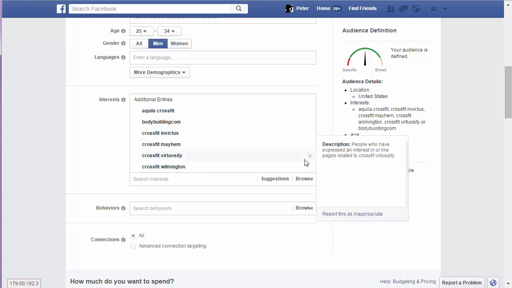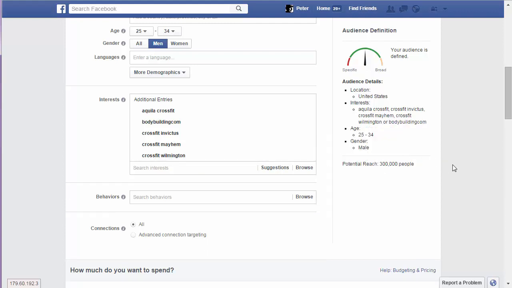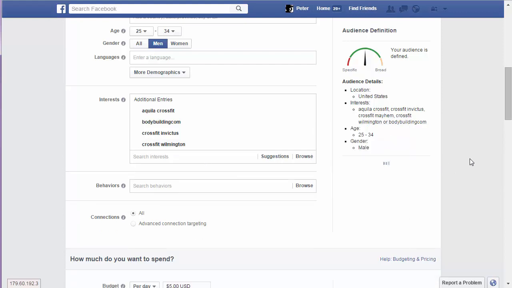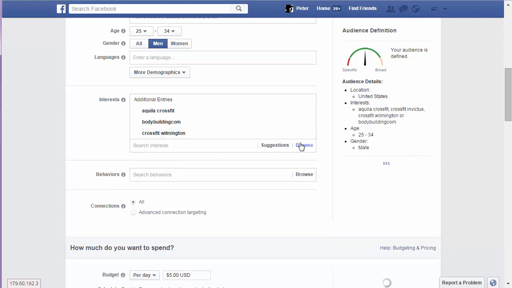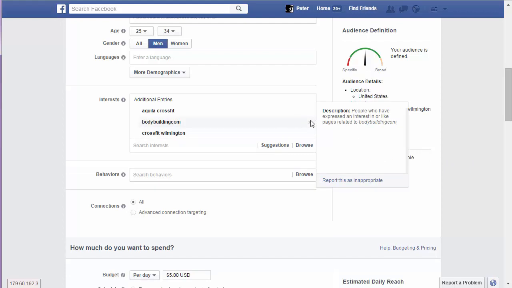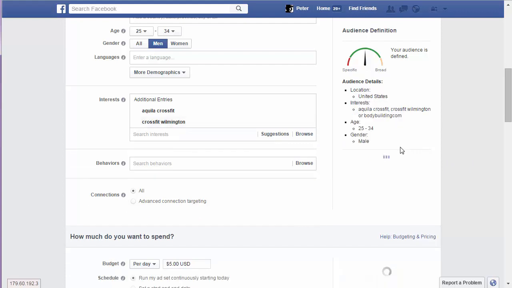I can't believe it's that. It could be that, CrossFit Virtuosity. No, it's not that one. Mayhem. No. Where are we getting all this figure from then? Oh, it's probably bodybuilding.com. Yeah, okay, it's bodybuilding.com.